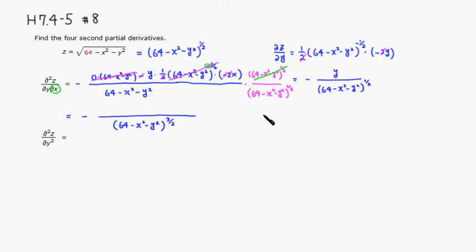You can see that those guys are gone, so you just have a y here and the x here, and that's all we have, so you have xy. So this is the partial derivative with respect to y first, and the partial derivative with respect to x.